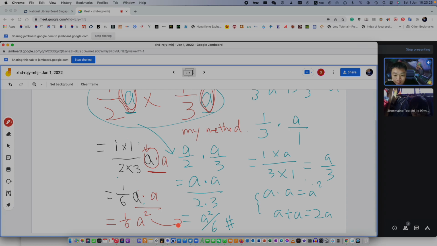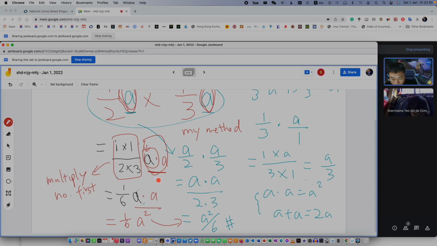So 1/6 A squared is equal to A squared over 6. Okay, so that's how you do multiplication. For multiplication, if you just want to remember it easily, you just multiply everything together. So for this, you multiply the numbers first, and then for this part, you multiply the letters.